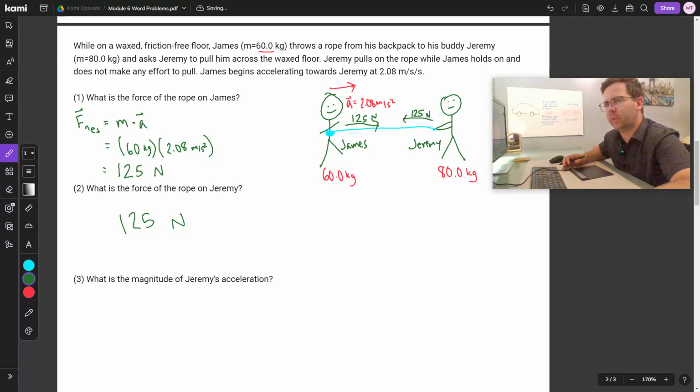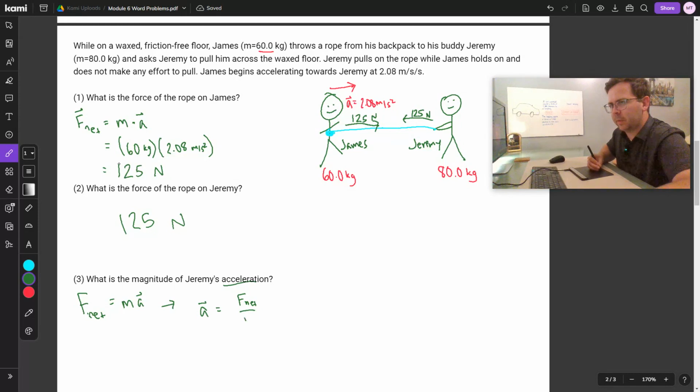Question 3 says, what is the magnitude of Jeremy's acceleration? So again, we're going to use that connection between acceleration and force and mass, F equals ma. But if you remember, you can rearrange this equation to solve for acceleration. So the acceleration is equal to the net force divided by the mass.